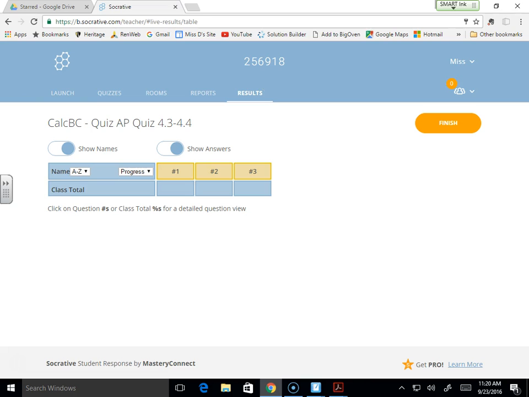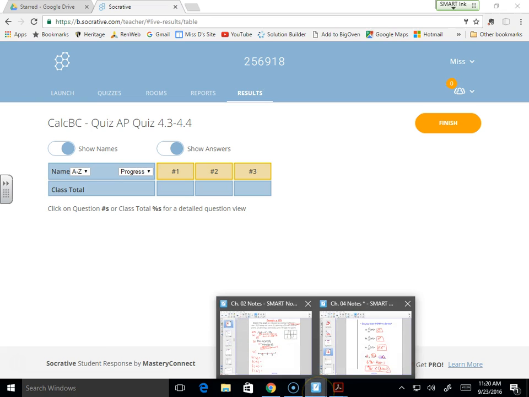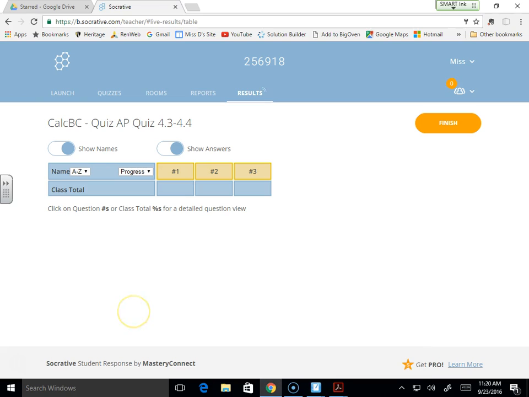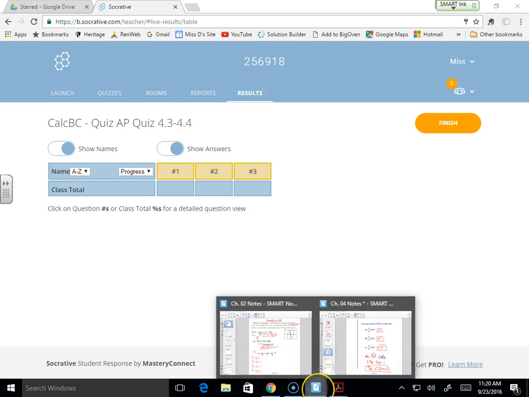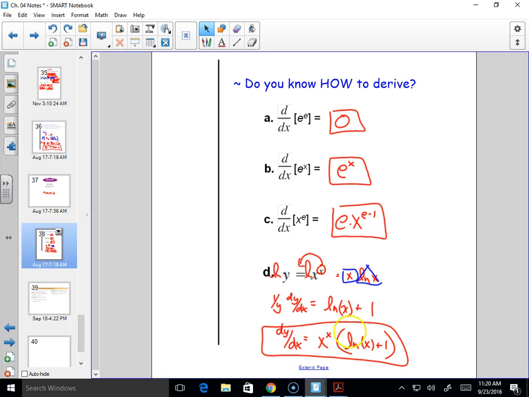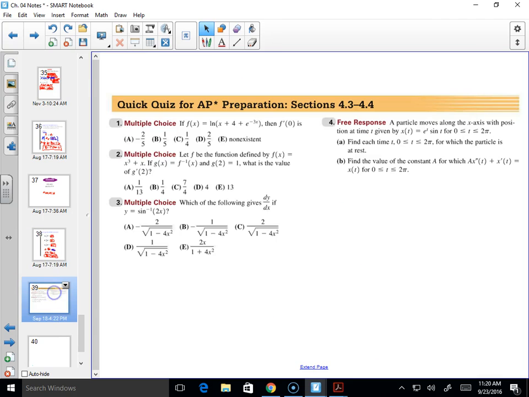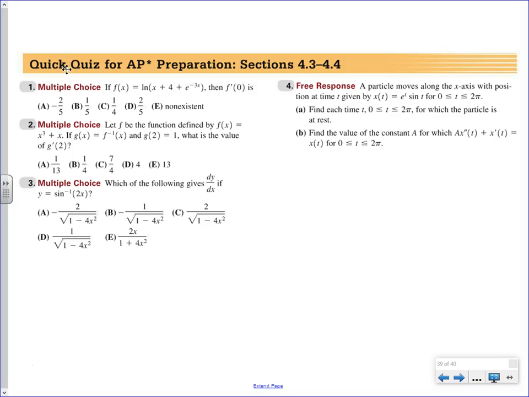We're in 4.3, 4.4 AP MC. Do you guys have the room number? It says it joined in Peyton Mango's classroom. Go. Just multiple choice, 1, 2, and 3.